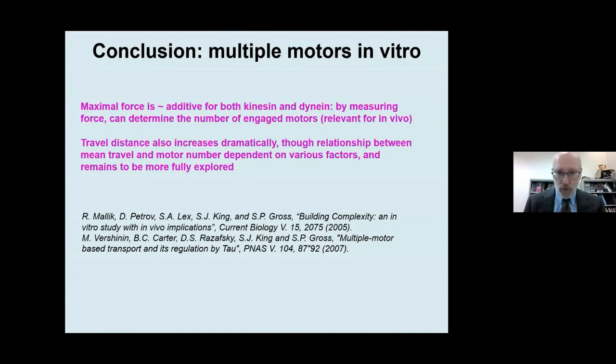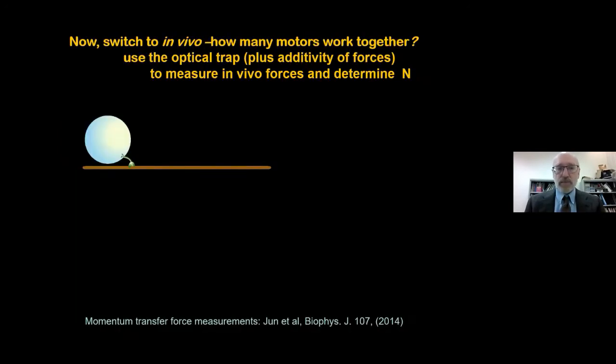Okay, so we know that multiple motors can go long distances and can exert higher forces. So that brings us to in vivo studies and what's going on there. Now, when you think about in vivo studies, the challenge is that you can't grab a cargo and bring it into contact with a microtubule, because inside of the cell, there are microtubules in many places, and the cargoes are typically already moving along them.